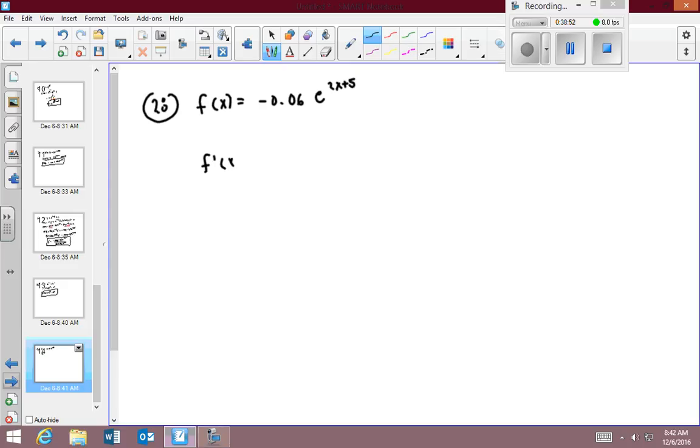First derivative is equal to a negative 0.06e to the 2x plus 5 times the derivative of the exponent, which is 2. This is a negative 0.12e to the 2x plus 5.